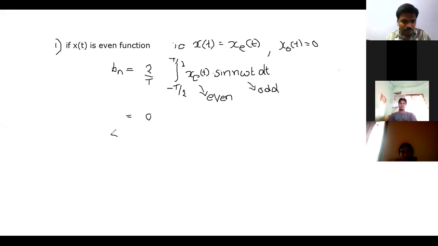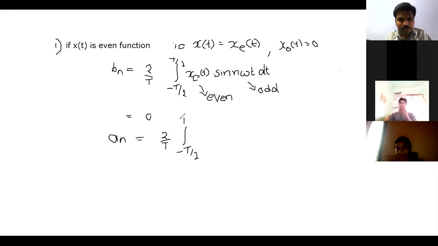Now let us derive the same for an. As per the even symmetry, first let us recollect the expression we have derived in the trigonometric Fourier series.